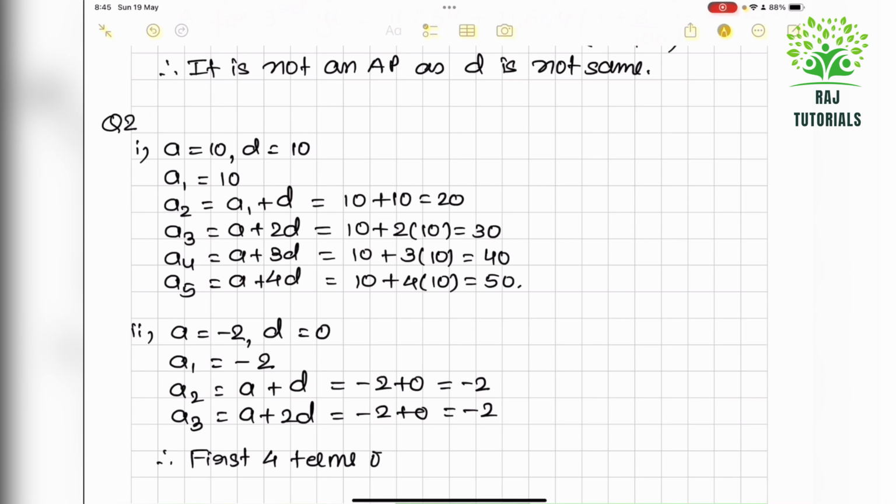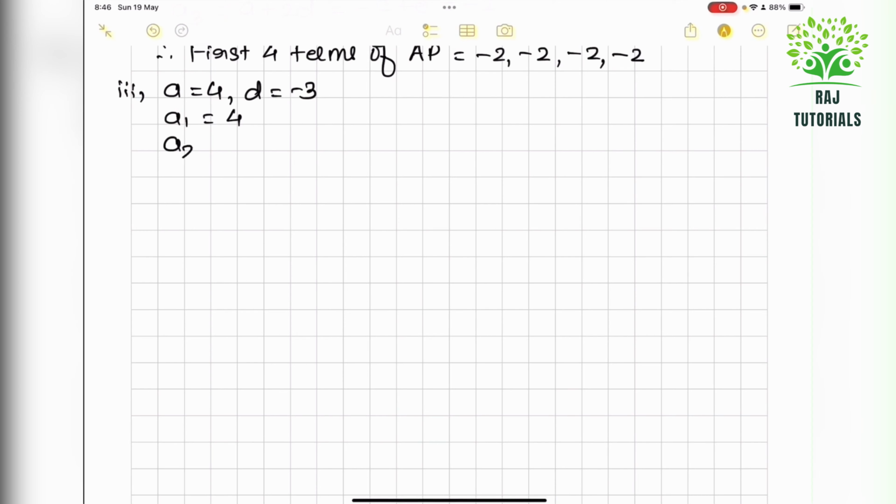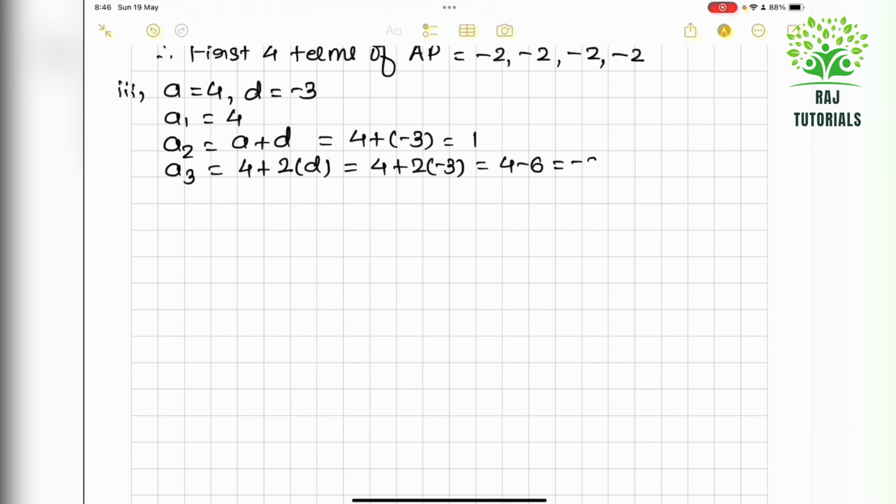A is 4, D is minus 3. So A1 will be 4, A2 will be A plus D, so that is 4 plus minus 3, so that will be 1. A3 will be 4 plus 2 into D, so that is 4 plus 2 into minus 3, so 4 minus 6, so that is minus 2.